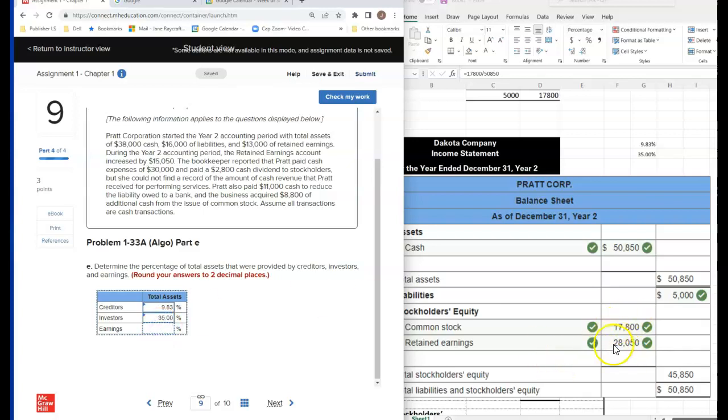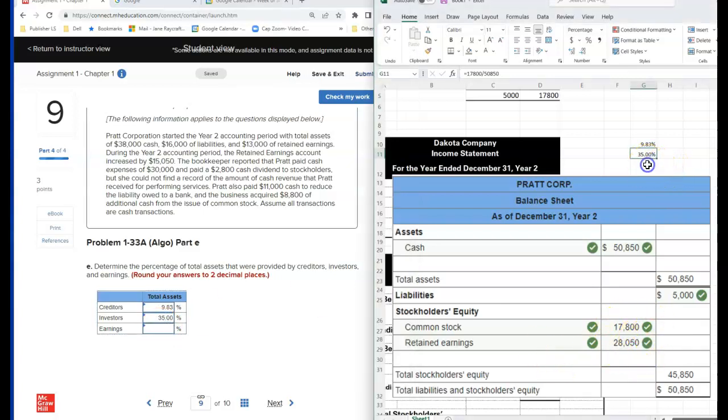And finally, from retained earnings. We'll take that retained earnings amount of $28,050 and divide it by the total assets. This is getting kind of boring, but what can you do?